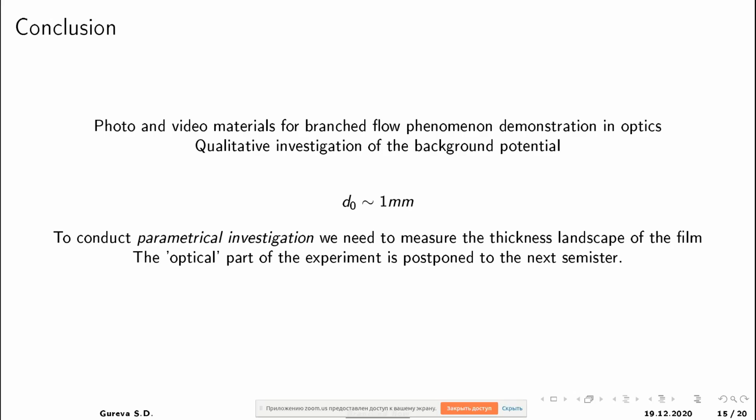We carried out a qualitative investigation of the background potential. The distance of the first branching in our experiments is of the order of 1 millimeter, which corresponds with the article we based our work on. And we have a plan for the future investigation and development of the report.